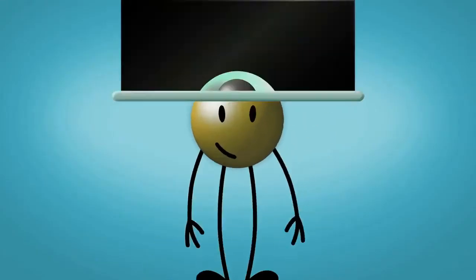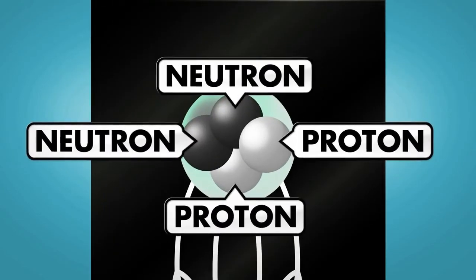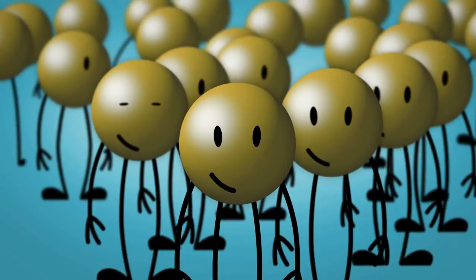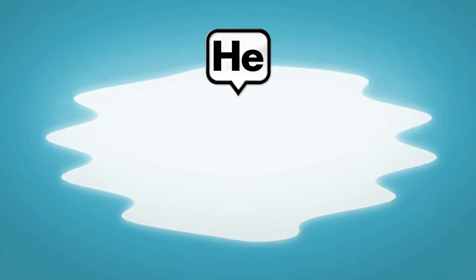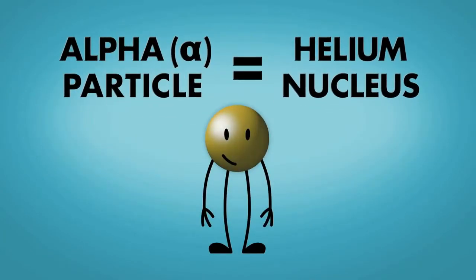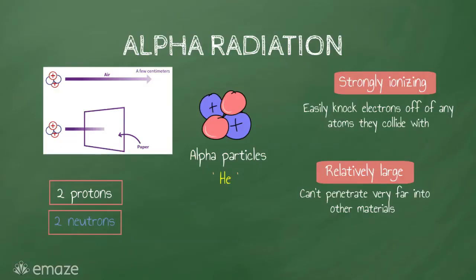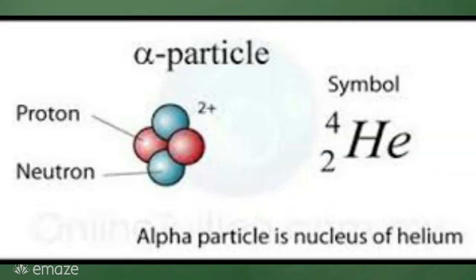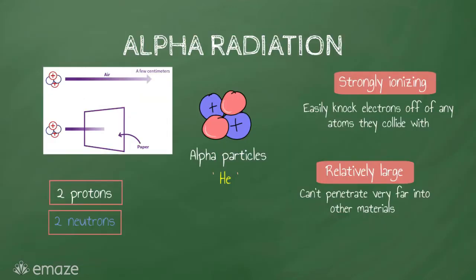Alpha particles are made up of 2 protons and 2 neutrons, which is exactly the same as the nucleus of a helium atom. So we normally represent an alpha particle with the helium nucleus symbol He. Alpha particles don't have any electrons, so they have a charge of 2 plus from those 2 positive protons.